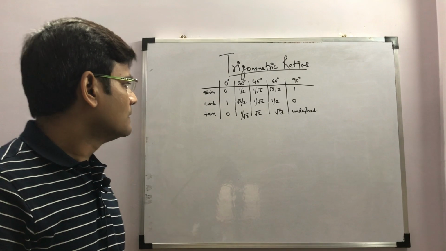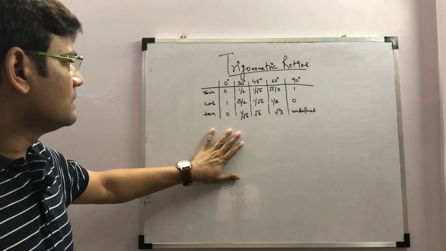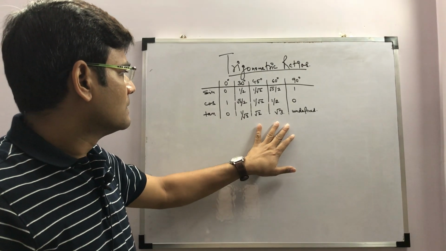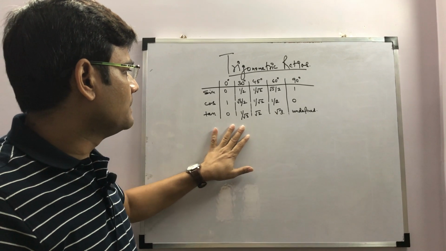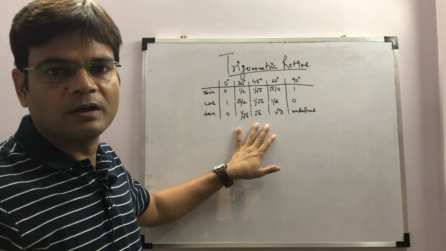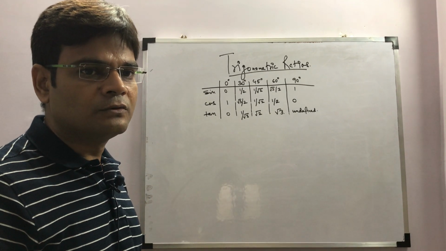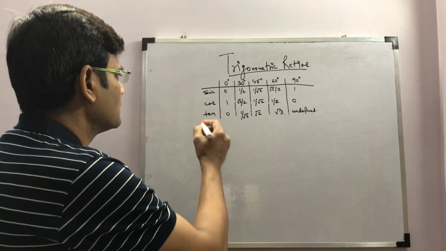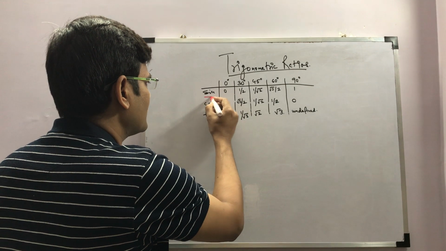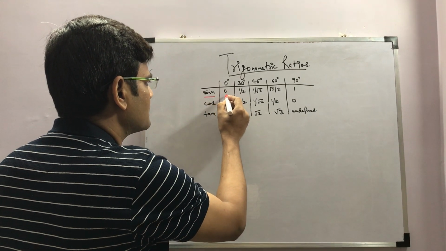Let's say first of all, this whole thing may be a little difficult to memorize. If you find it difficult, I'll explain how you proceed. Sine 0 is 0.